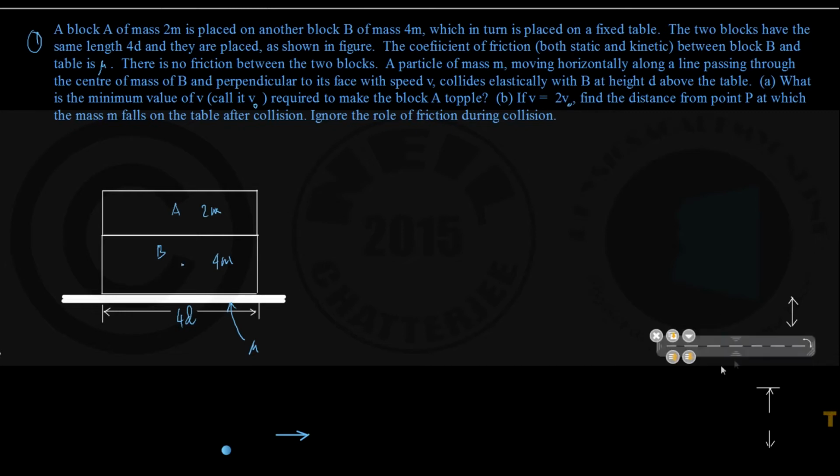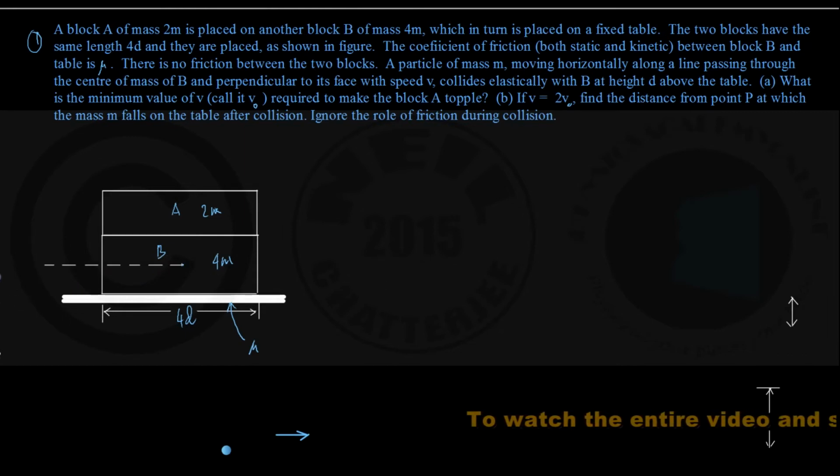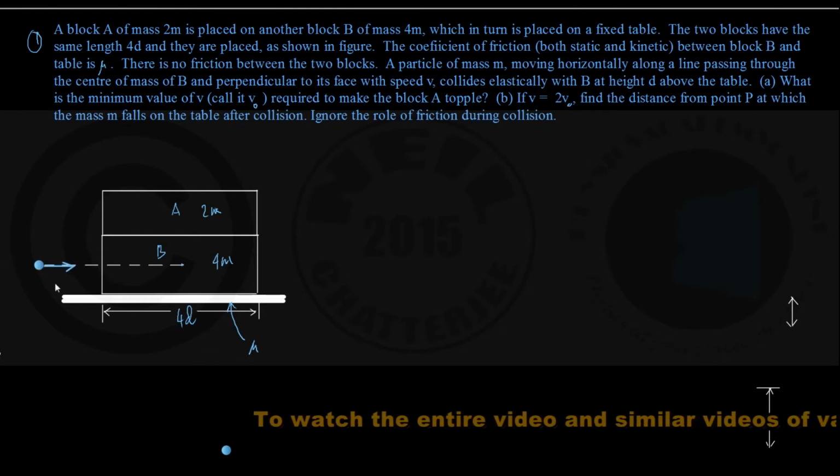And if I might draw a dashed line through this center of mass of block B, here is a particle approaching block B from the left with a velocity of v.